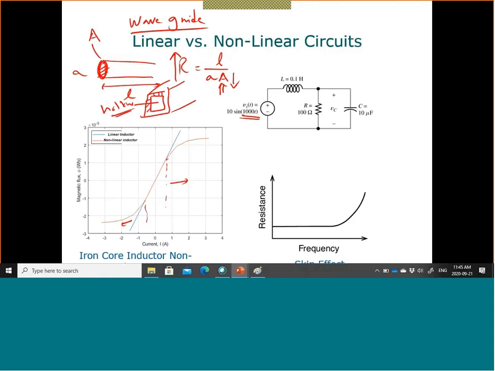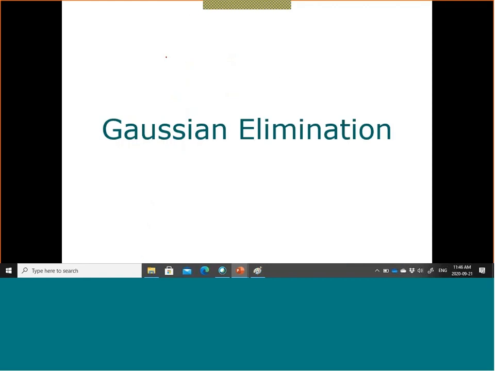There's nothing in the middle, so you save the material and you have air. Okay. Now, this is linear versus nonlinear circuits. Both do exist, but depending on the conditions. In Circuits 1 that you studied, we always assume that we are working in the linear region.